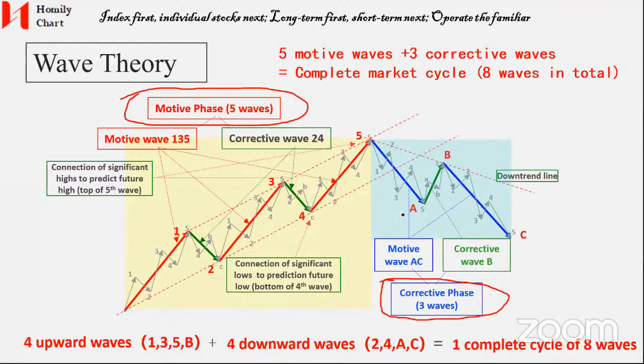That's why only wave B is called the corrective wave, and A and C are the motive waves because they are in the same direction as the general trend. The general trend is down for the corrective waves, right? So A and C are the motive waves, and wave B is in the opposite direction, so we call it a corrective wave.